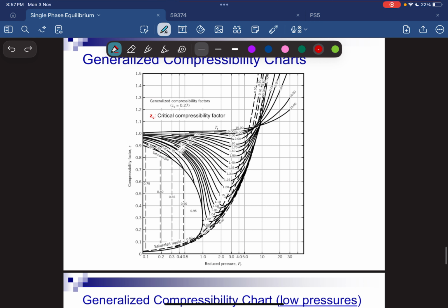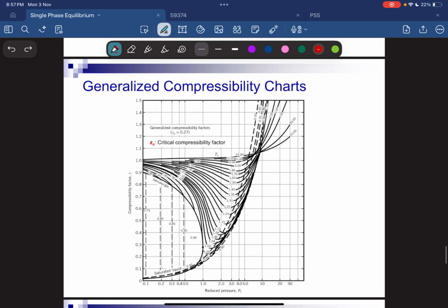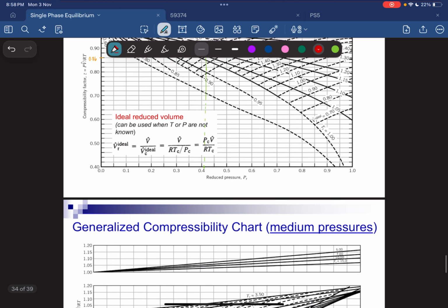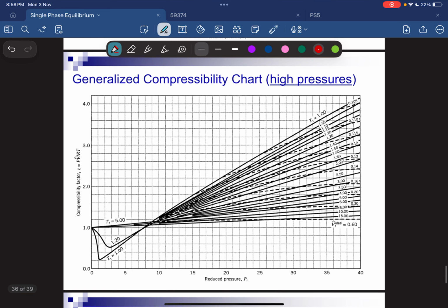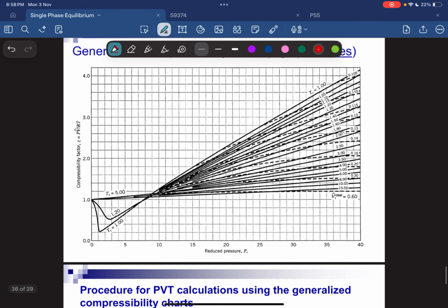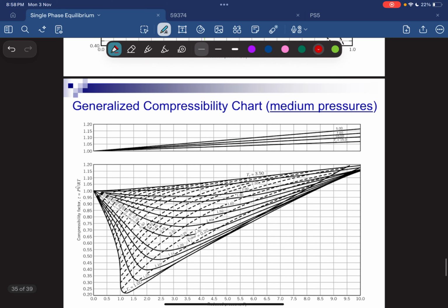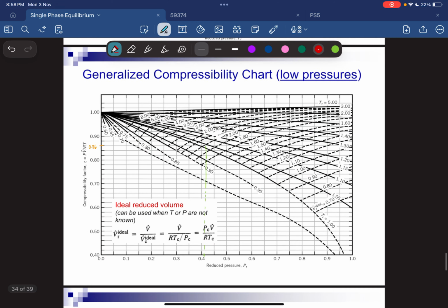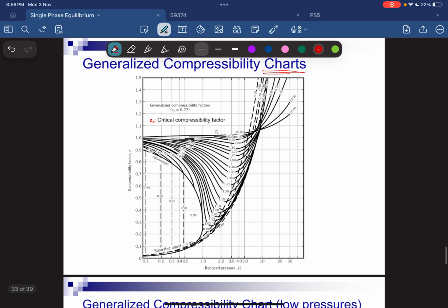So here in our lecture notes, you will find the charts. You might think that this chart is different from this chart, and it's different from this chart, but it's not different. It's all an expansion of this chart.